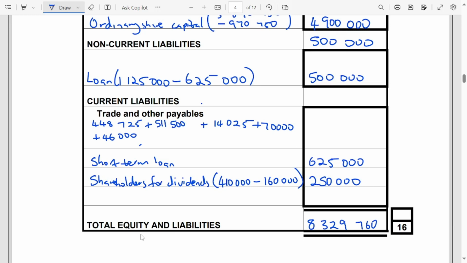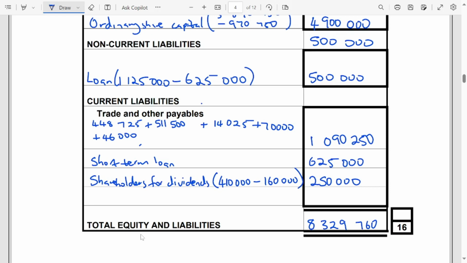So when we add all this together, it's going to be 448,725 plus 511,500 plus 14,025 plus 70,000 plus 46,000 for the SARS income tax, which is going to be 1,090,250.